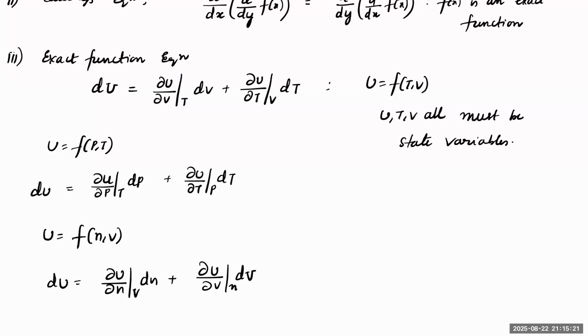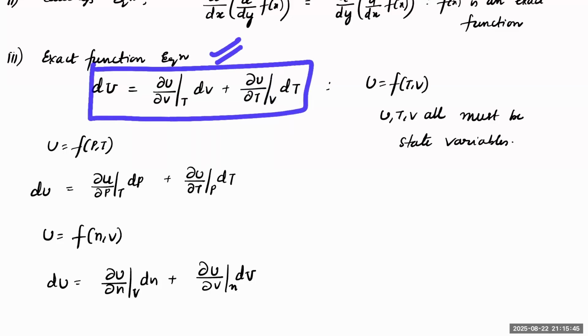The other variable has to be kept constant. So, the partial differentiation of U with respect to V at constant temperature, times dV, plus the differentiation of U with respect to T at constant volume, times dT. If you are able to write something like this, that means it is an exact function.